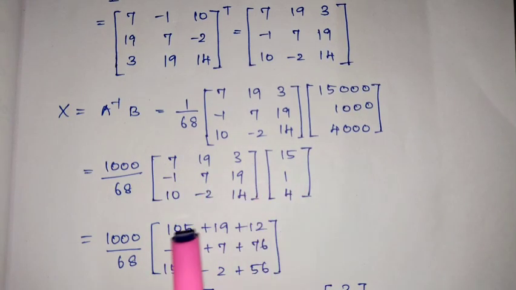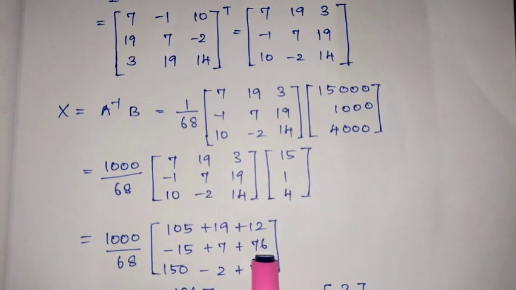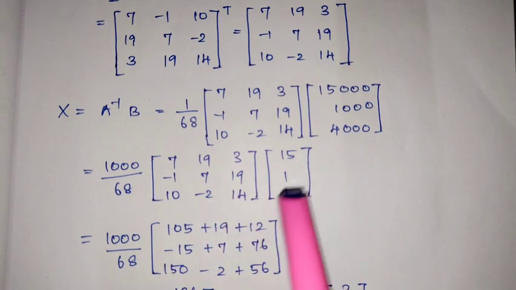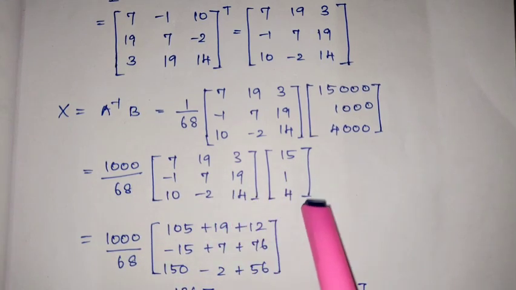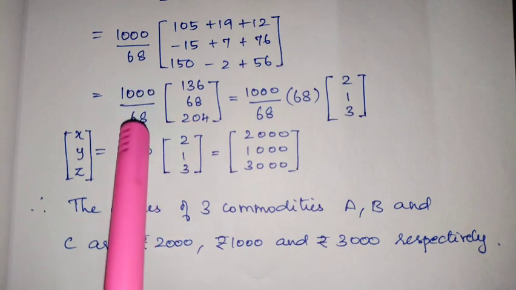7 into 15 is 105, 19 into 1 is 19, 3 into 4 is 12. Minus 5 into 15 is minus 15, 7 into 1 is 7, 19 into 4 is 76. 10 into 15 is 150, minus 2 into 1 is minus 2, 14 into 4 is 56. So that is equal to 1000 by 68.